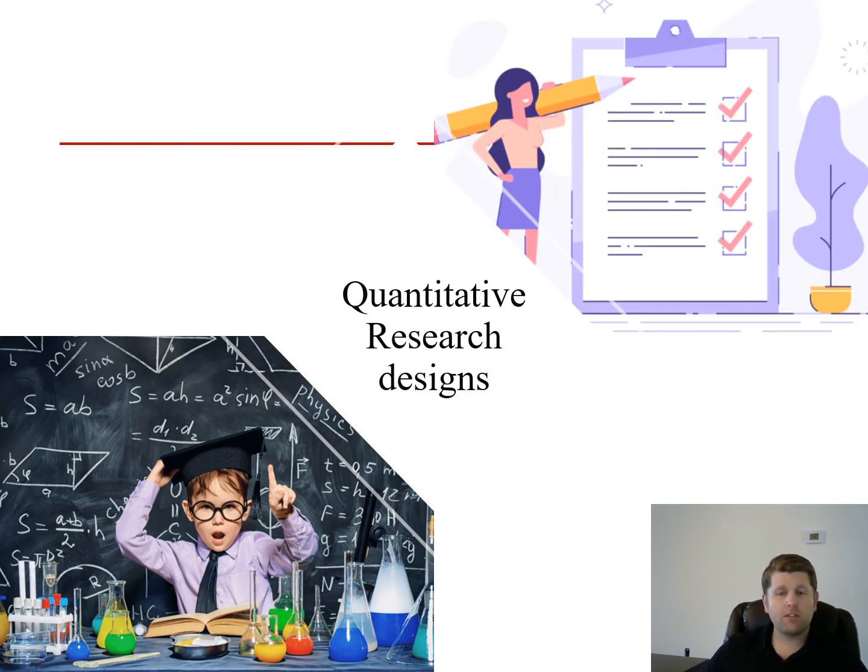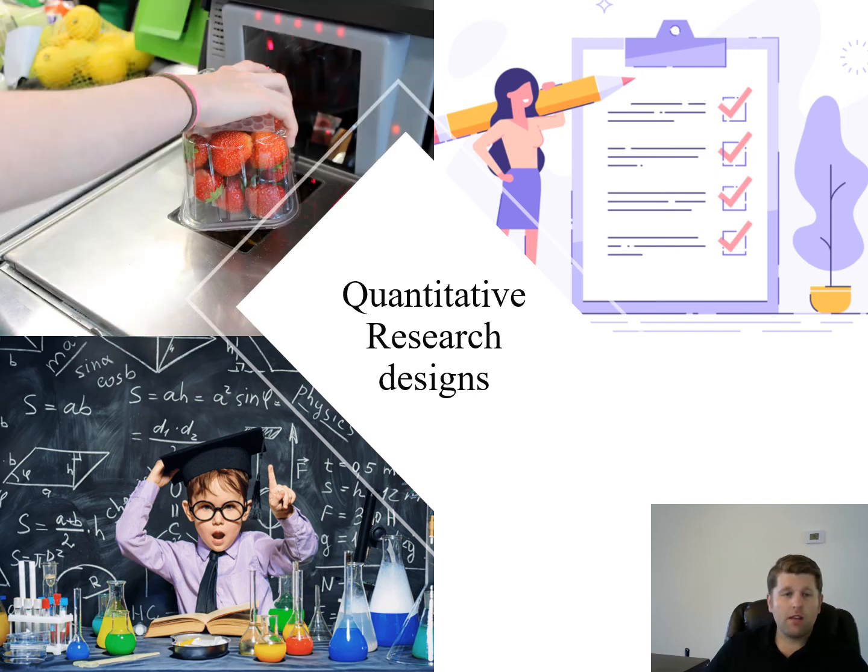Also, we have surveys, which you're probably familiar with, having taken either at the Rawls College of Business, or you may have taken a survey in the past. Next, at grocery stores, we can collect quantitative data just by going through the checkout line. This could also be at other retail locations.